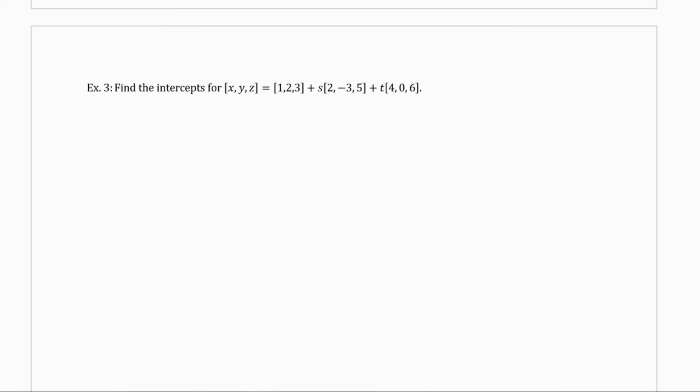So example 3, find the intercepts for x, y, z. How are we going to do this? It's interesting. Back in grade 9, we did y equals mx plus b and standard form. And we get to calculus and we look at vector form and parametric form. And I talked a lot about how important parametric form is.